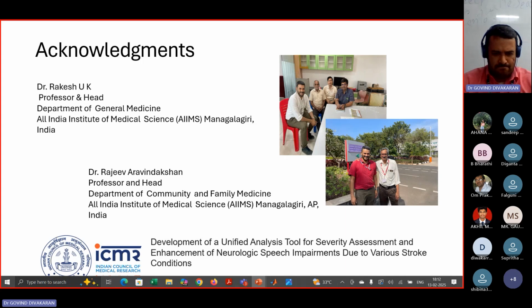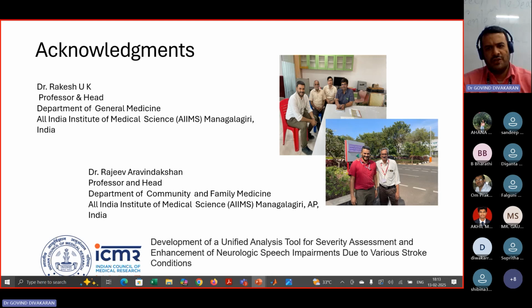The implementation of this project is supported by All India Institute of Medical Sciences, Mangalagiri. We have AIIMS very close by, around 5 minutes from our institute. All the clinical trials, clinical data collection and testing of the proposed systems are to be done under the supervision of the doctors from AIIMS.